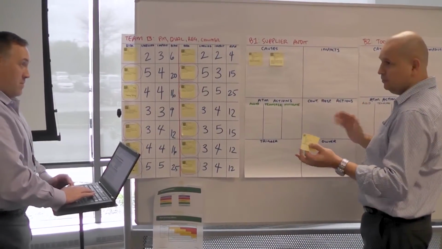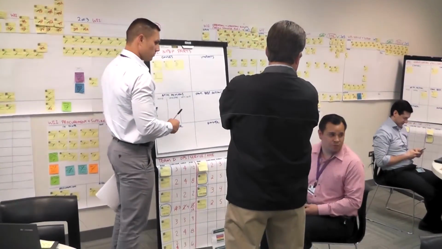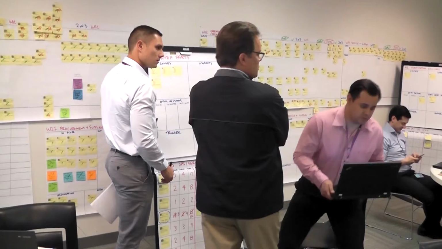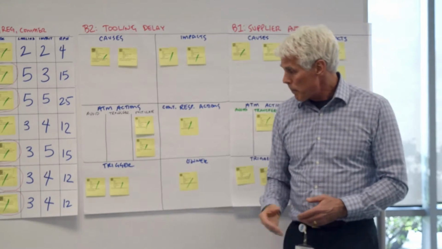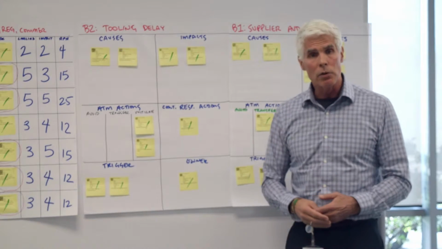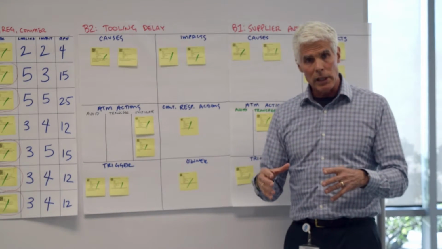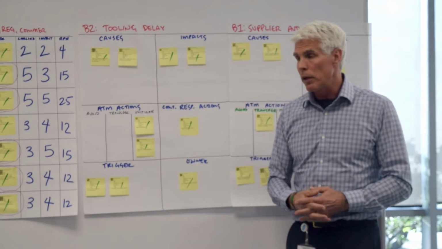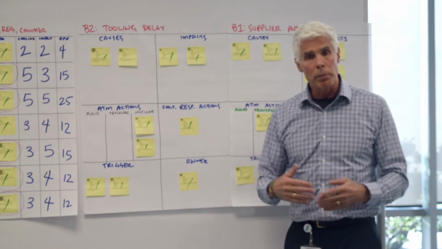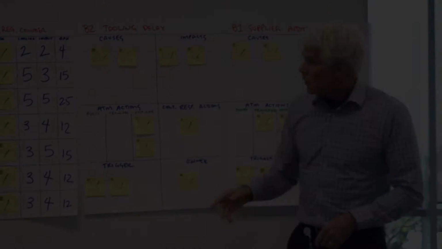We identify the causes, the impacts, and then we try to address mitigations for the causes, contingency response actions for the impacts. We identify, of course, triggers and owners, but we do this as individual teams, and then we present out to the whole group and debrief as a group and clarify, edit, and so on and so forth.